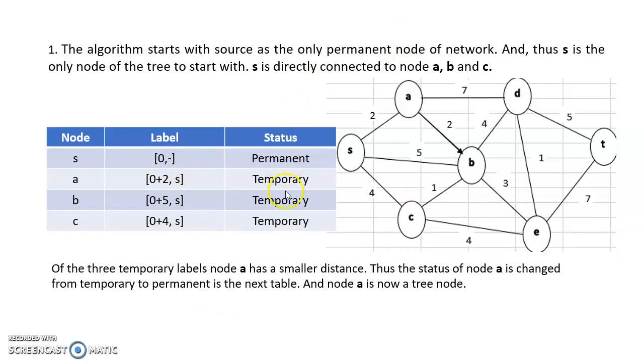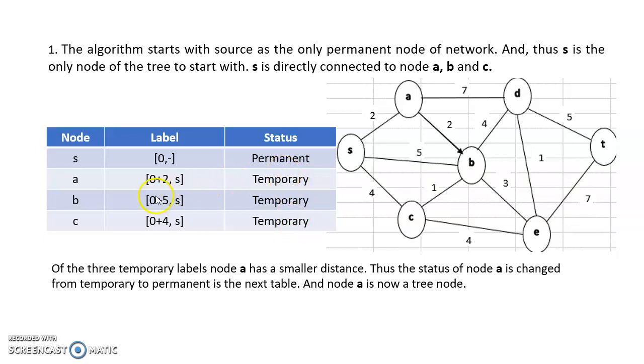Now the nodes which are directly connected to the tree node, which is S, are A, B and C. These three nodes are marked as temporary, and the distance that we take to reach node A from S is 0 plus 2, and from S this is denoting A has been reached from S. Similarly, you reach B from S is 0 plus 5, 0 plus 4 for C. So we are now going to convert one of these three temporary nodes into a permanent node.